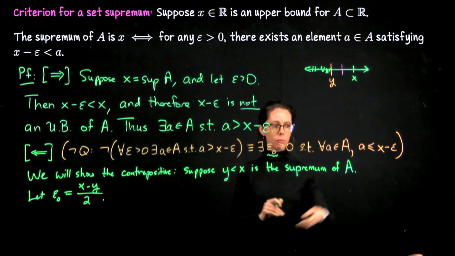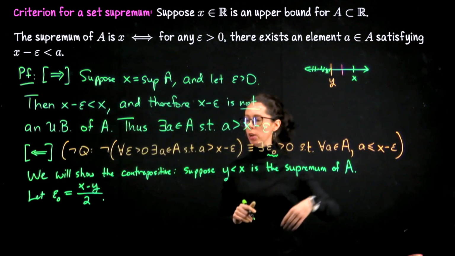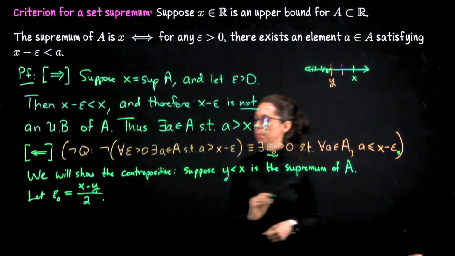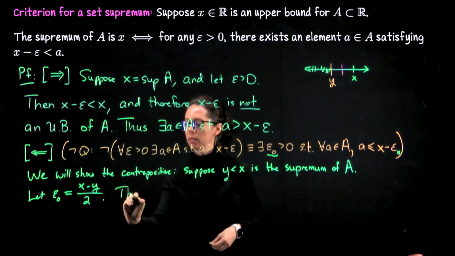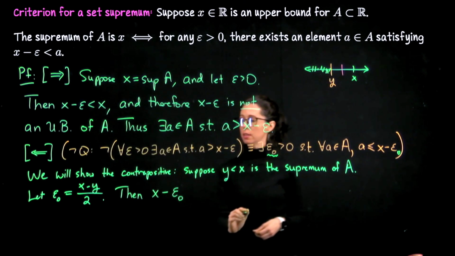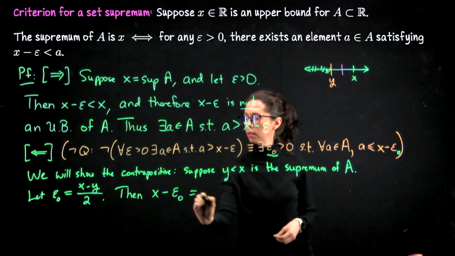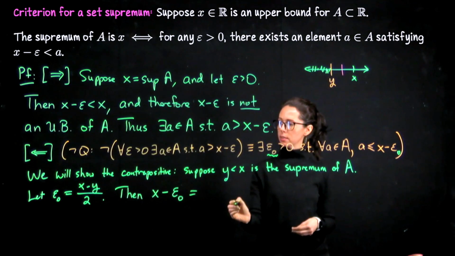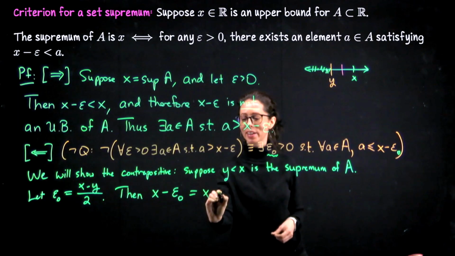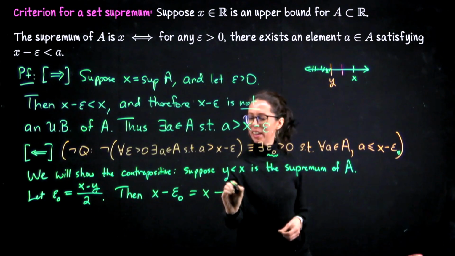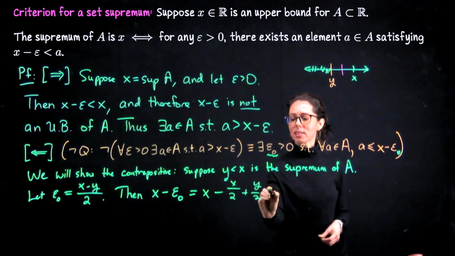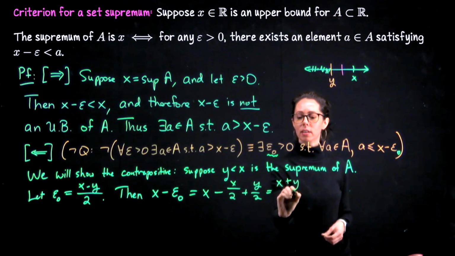What can we now do with that? Well, let's see what it looks like if I take x and subtract the special epsilon off of it. Then x minus this choice of epsilon is going to be x minus x over 2 plus y over 2, and that is actually x plus y over 2.